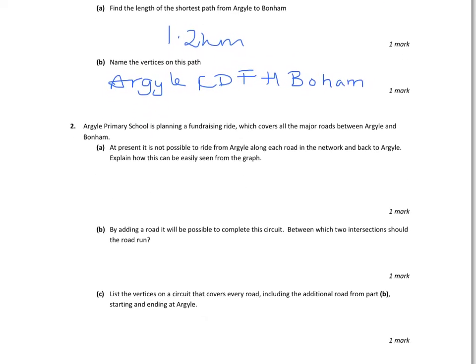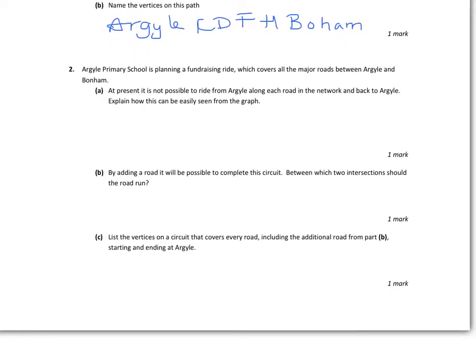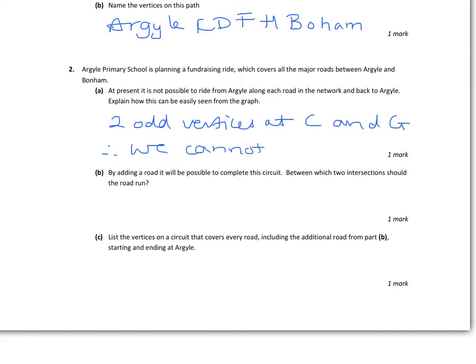So in order to answer the question here, we would say the reason why we cannot do the circuit at present is there are two odd vertices, and we would say where they are located, so at C and G, and therefore we cannot complete an Euler circuit. Obviously you'll write that in more detail in your response.